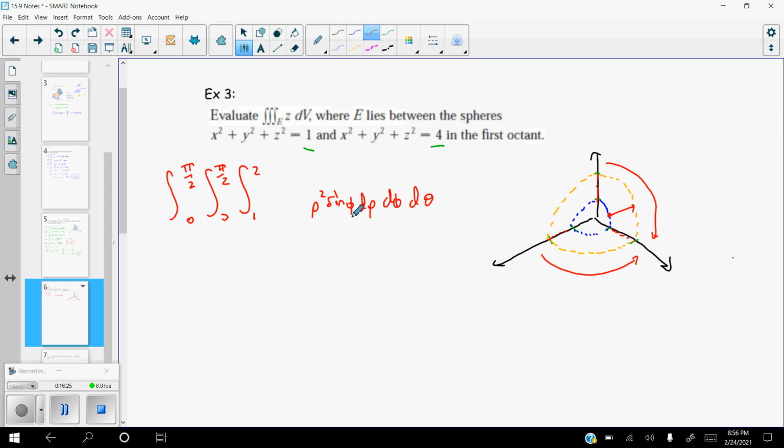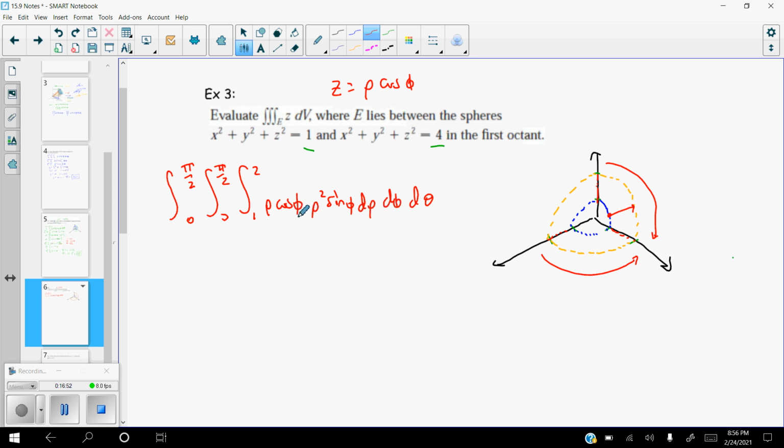And we have to change z into terms of spherical, and z was rho cosine phi. So we're going to plug rho cosine phi in. All right. Once again, this one's not terrible because of the fact that all bounds are constant and everything is separable.